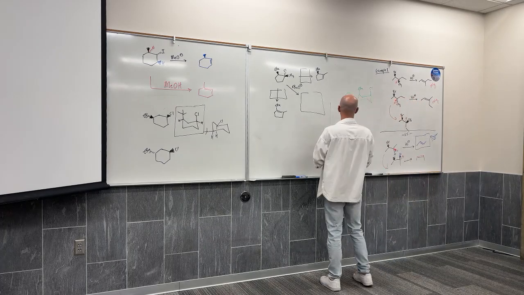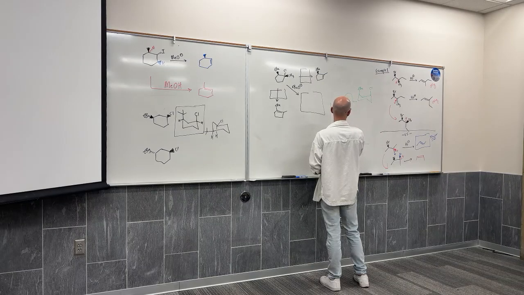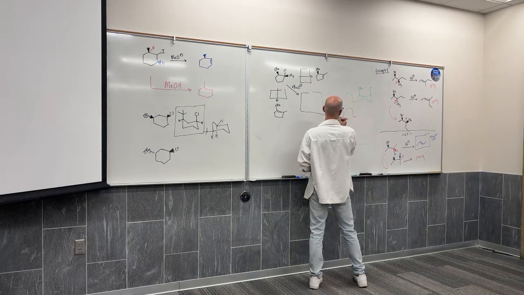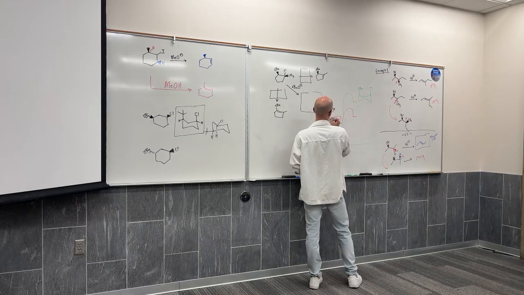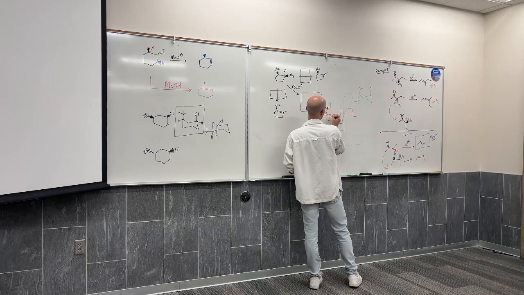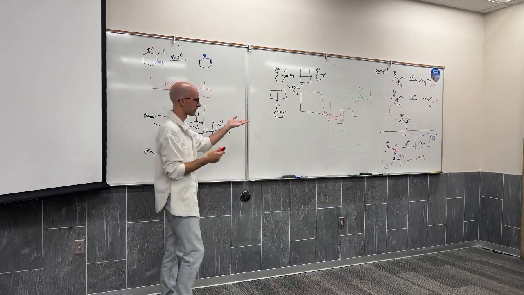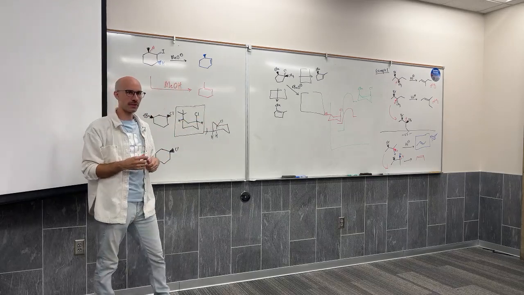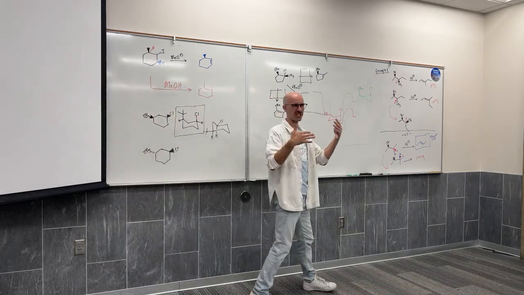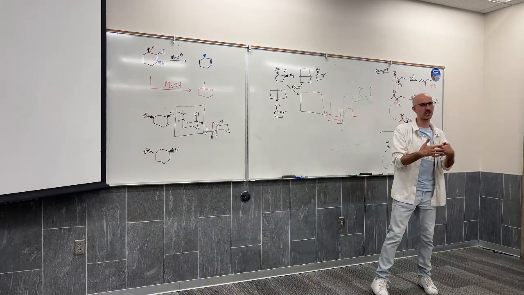Does that mean another reason? I'm not sure I quite understand. These are the two diastereomers that can exist. Well, no, that's not true. There are other diastereomers, but they're going to have the same energy levels. They'll just be enantiomers of each other.